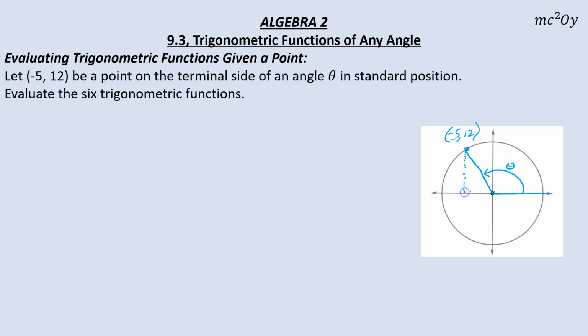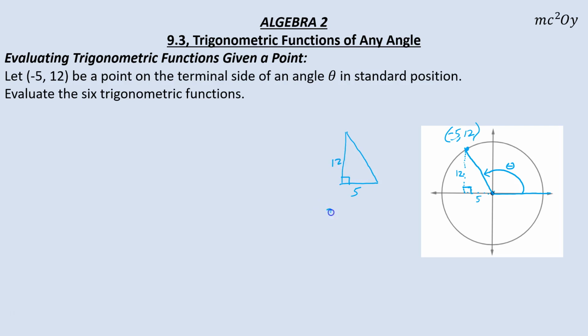Really what I'm thinking about is I need to use a reference triangle to figure out some lengths here. For negative 5, 12, if I draw a line down to the x-axis, I can make this right triangle right here. So I'm going to take that right triangle out and just draw it off to the side here. Since I'm at the coordinate negative 5, 12, I know that this length is 5 and this length is 12.